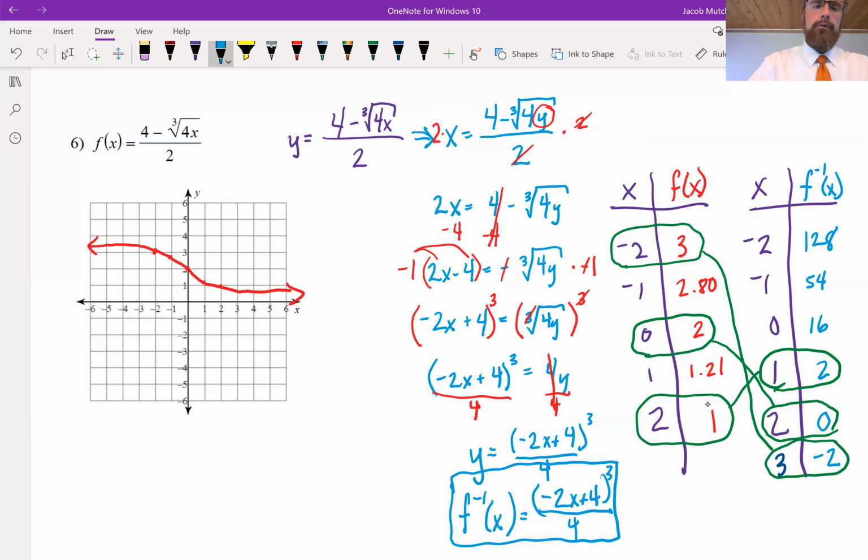1, 2 is the first point we can graph. 2, 0, 3, negative 2. And my values at 0 and probably 4 is negative 16. So I'm going to just sketch in here, leaving these descending parts kind of hidden. It's not hitting the y-axis yet.